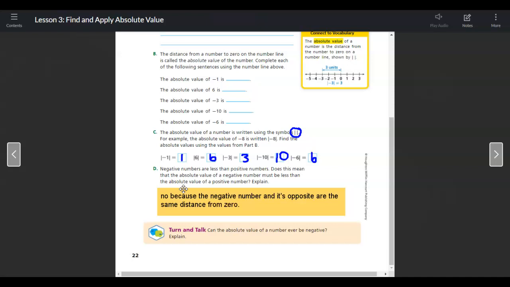Remember, no matter if it's negative or positive, when it goes into absolute value, it's going to be a positive number because that's how far away the number is from 0.